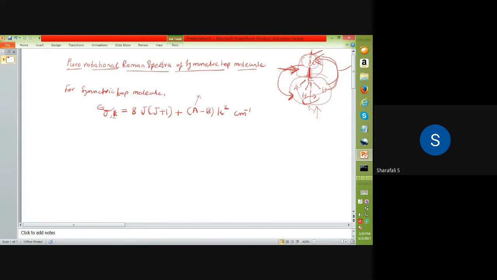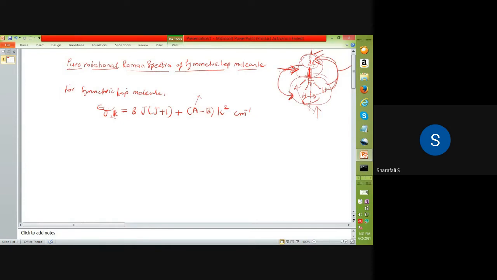Here I will have h square by 8 pi square IA in the C, because this is the moment of inertia, IA. IA will be equal to IC, or you can take IB equal to IC in this particular case, which is not equal to IA. Depending on that, we have the prolate and oblate structures and all those things.